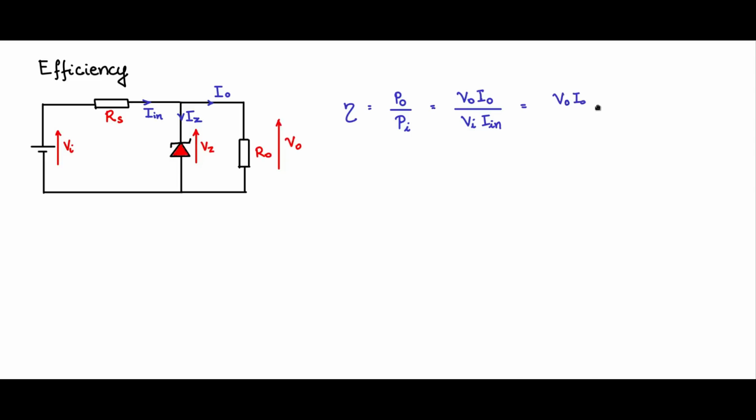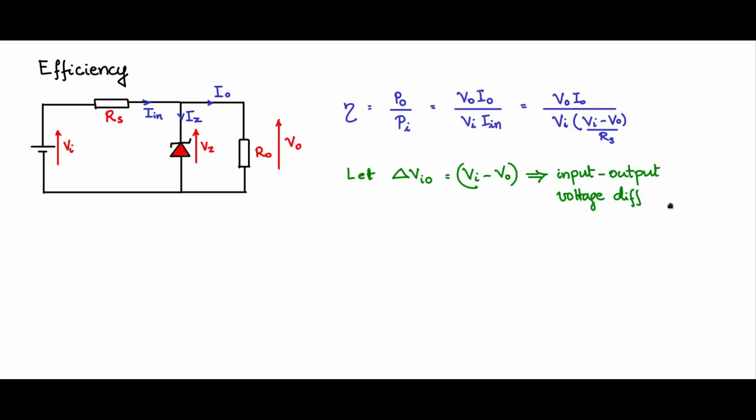So we have V0 I0 by Vi into In, where In is Vi minus V0 by Rs, and let us define another term delta VIO, which is Vi minus V0. It is called the input output voltage differential.